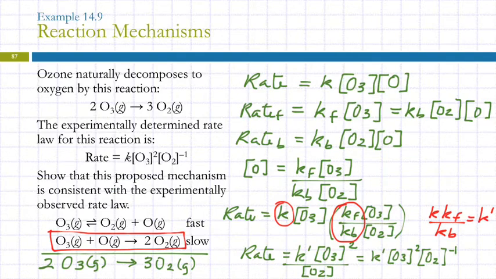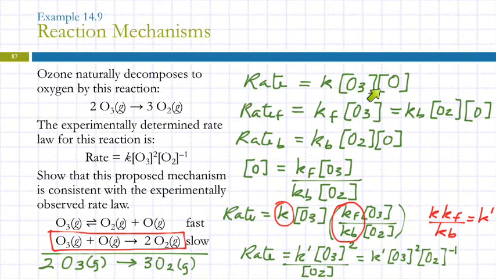This is just more of a rehash, but the reason he ended up using the fast one is because the rate of the overall reaction is going to be equal to the rate of the slow reaction. So this rate is equal to this rate. But we need to know if the mechanism is correctly describing the dependence on the reactants.